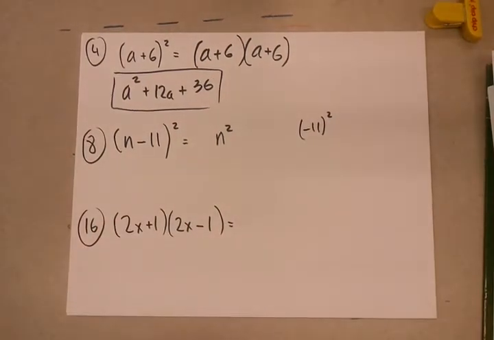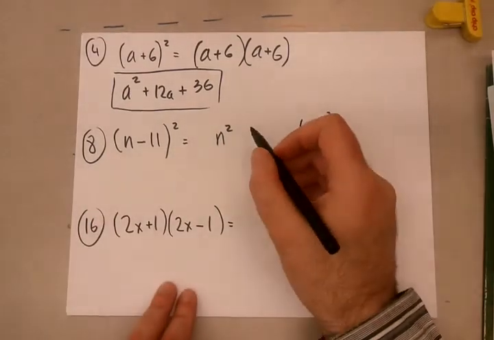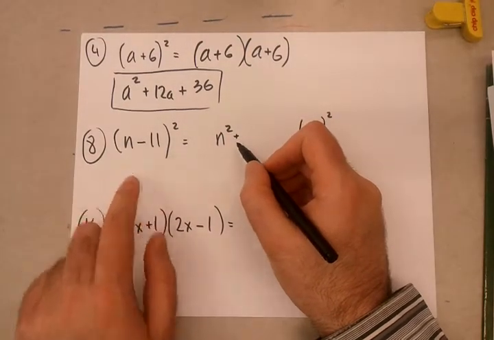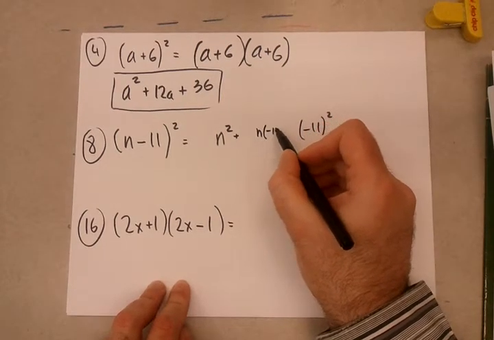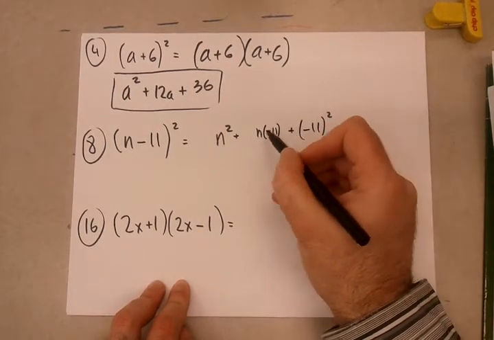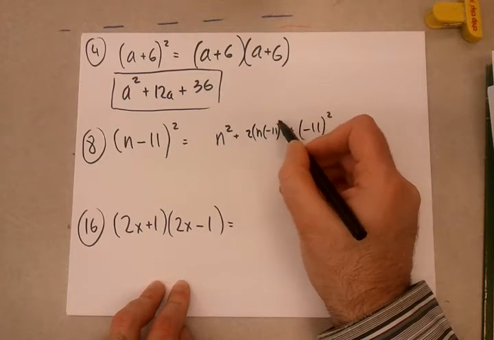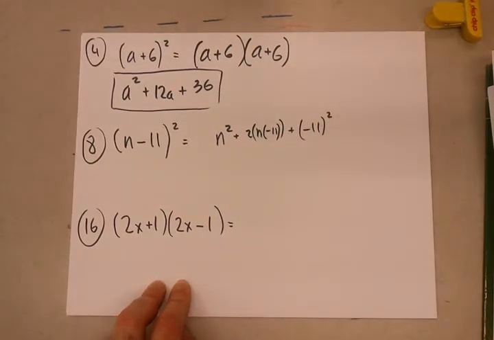And then the middle is multiply the two terms and then double them. So multiply n and negative 11 and then double that.